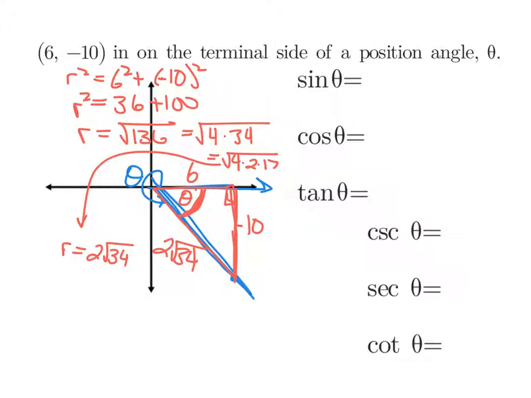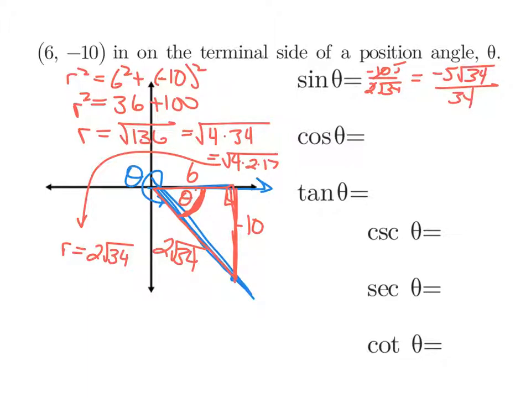To find the sine, we're going to do opposite over hypotenuse. So the opposite was negative 10, and the hypotenuse was 2 square root of 34. Of course, the 2 and the 10, I'll leave 5. And simplifying that, I'll get negative 5 square root of 34 over 34.